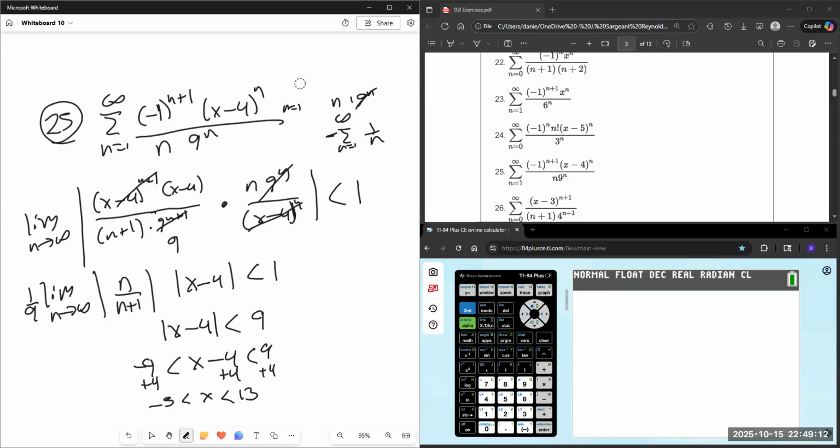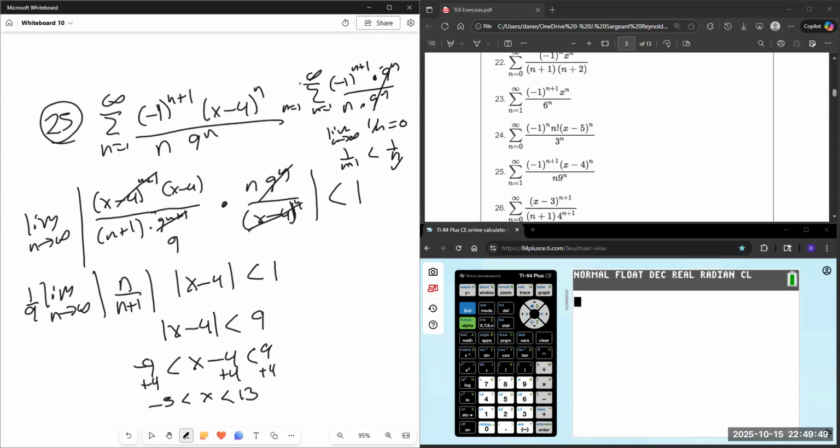Let's check the right-hand side here. If I put in 13, this is negative 1 to the n plus 1 times 9 to the n over n times 9 to the n, summation n equals 1 to infinity. The 9 to the n's cancel. This is an alternating series with the limit as n goes to infinity of 1 over n being 0, and 1 over n plus 1 is always less than 1 over n, so it's always decreasing.